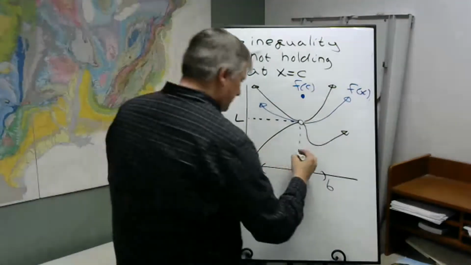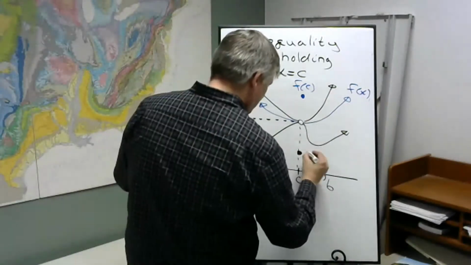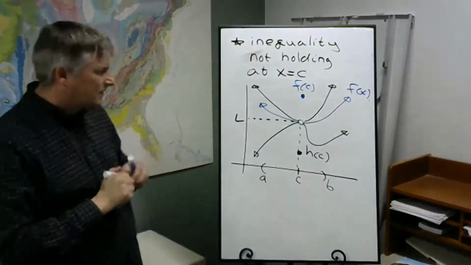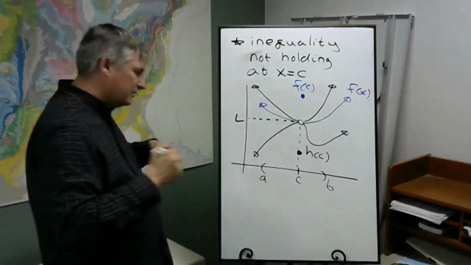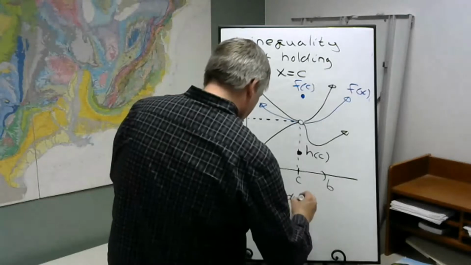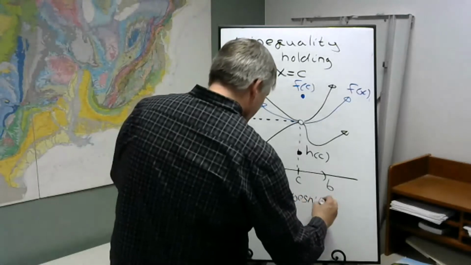Likewise, let's take a point here. Let's call this h of c. And then we say g of c doesn't exist.